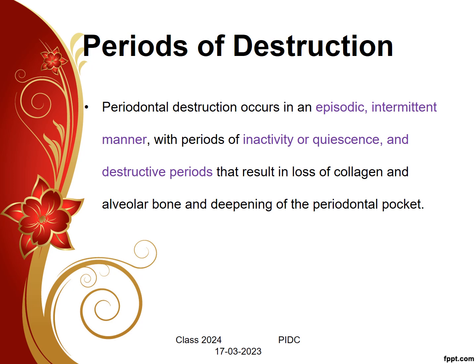Followed by this, you have the period of quiescence where there is no destruction. So there is always a cycle. Once the destruction occurs, the body tries to manage it, and during this managing of the destructive activity, there will be no destruction taking place. So it is inactive or quiescent in that phase.